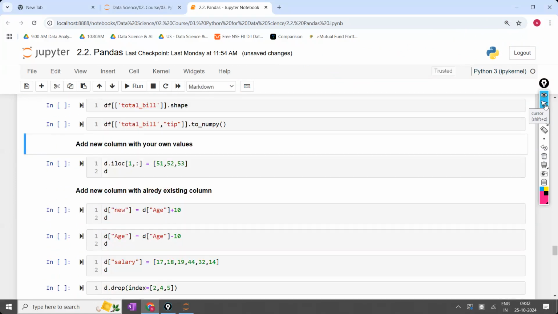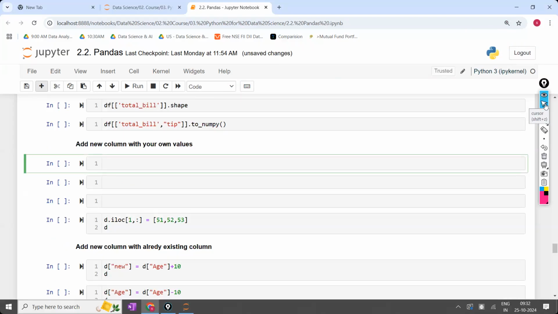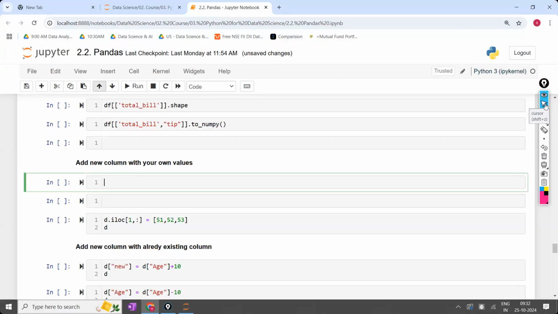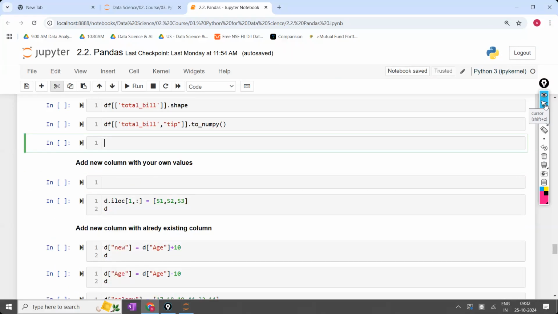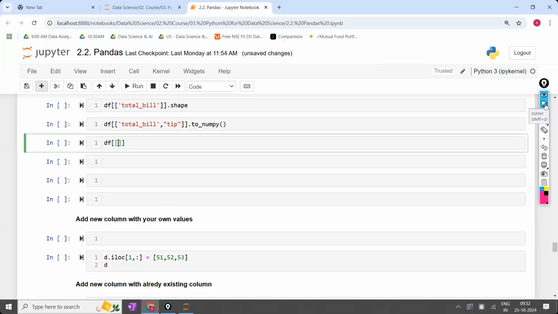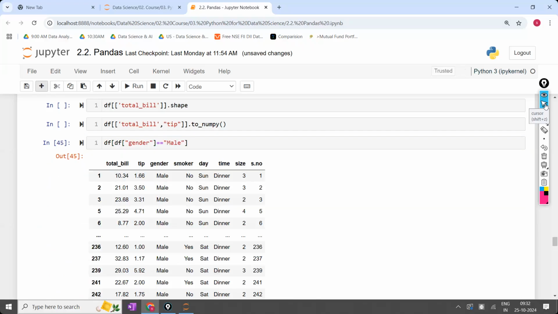And df of gender is equal to male. Now what happens? Male records are separated based on the condition, by writing a single condition. What is the condition? Gender is equal to male. In this data frame, only male records are there.